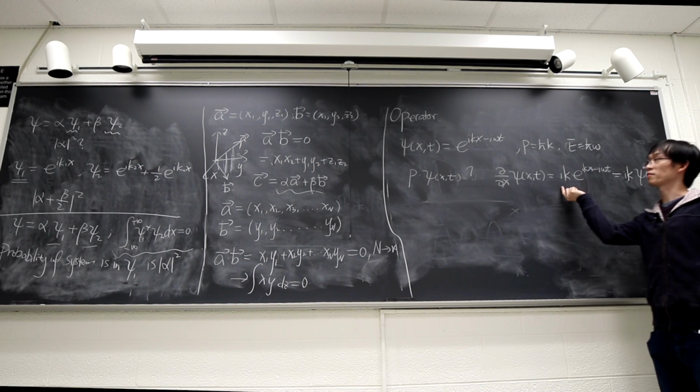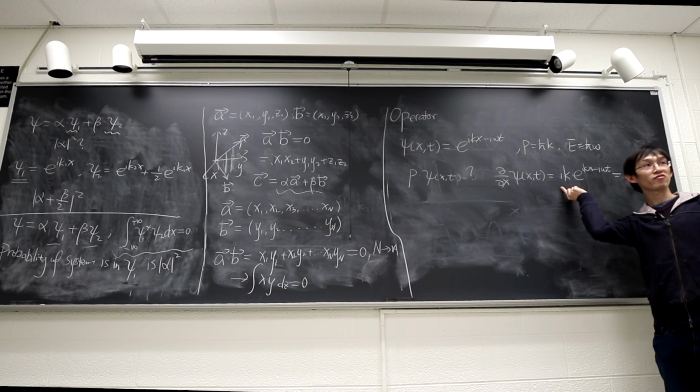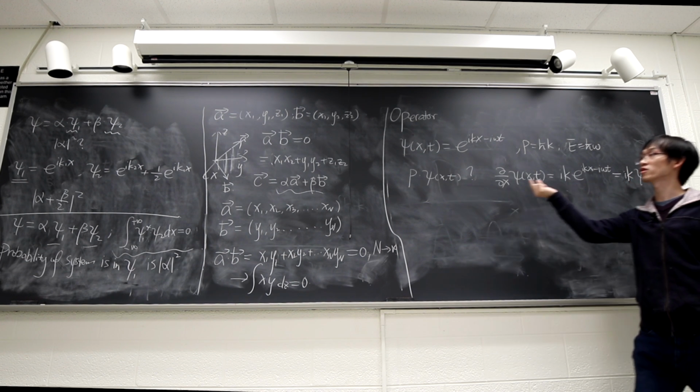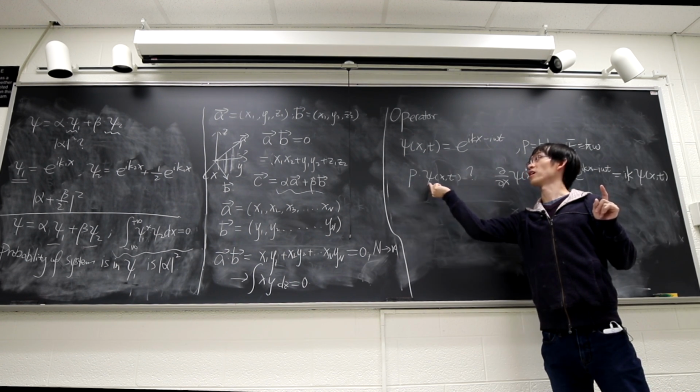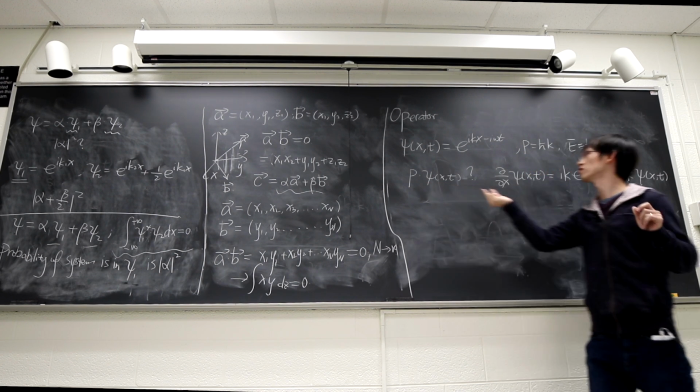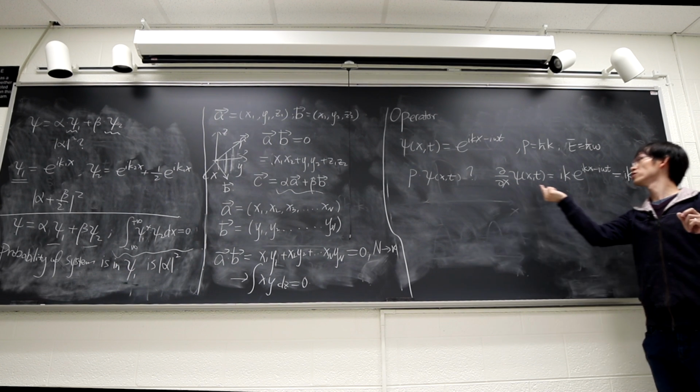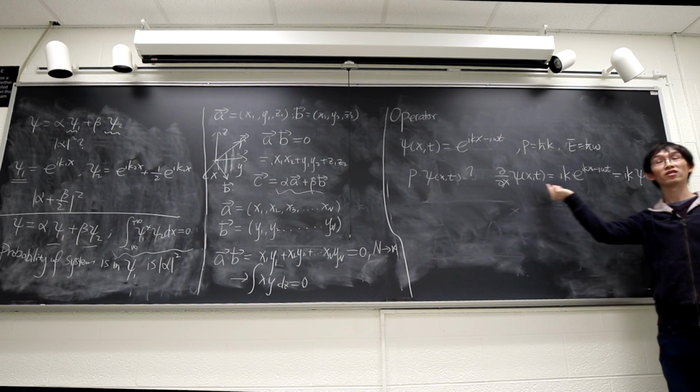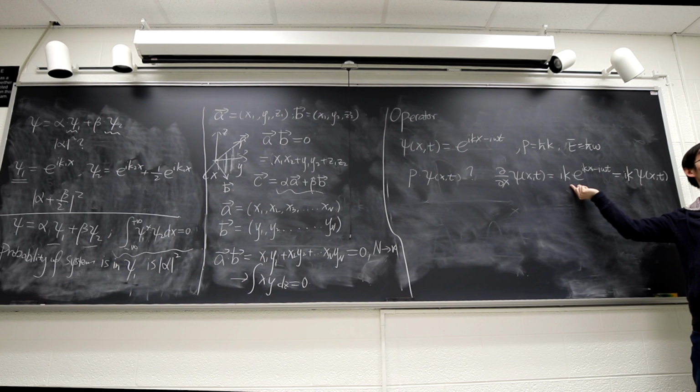So it's very interesting. Mathematically, this doesn't make any physics sense, but mathematically it works very well. If you want the momentum coming out from a wave equation, you simply do a derivative, and then you will have the k coming out. Okay?